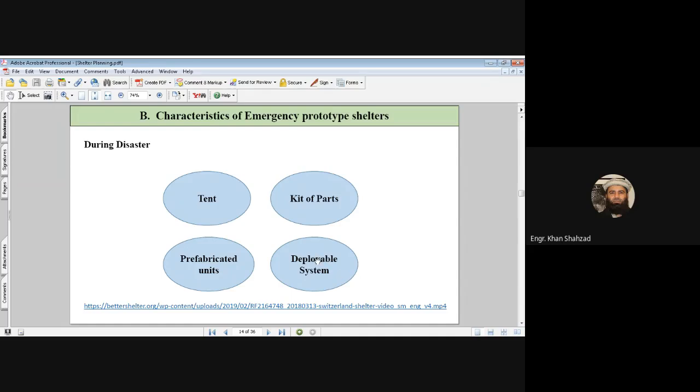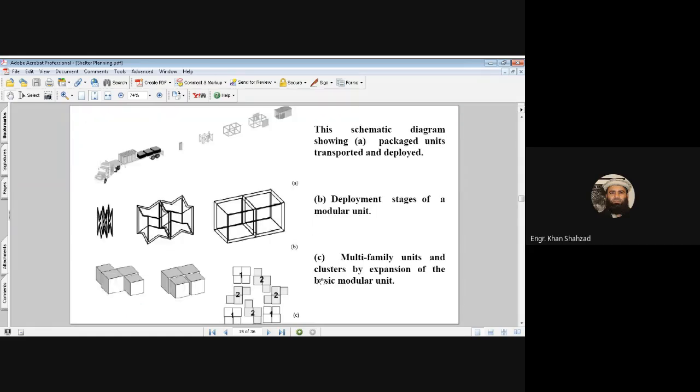It can be utilized and made on site within minutes or hours, as you have seen in the video. So let's talk about how you can deploy this, how you can bring them into one unit.